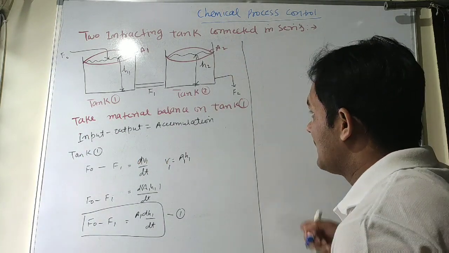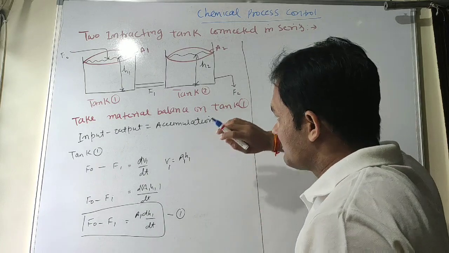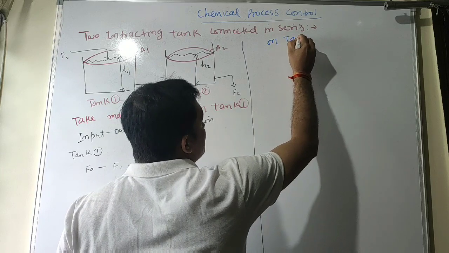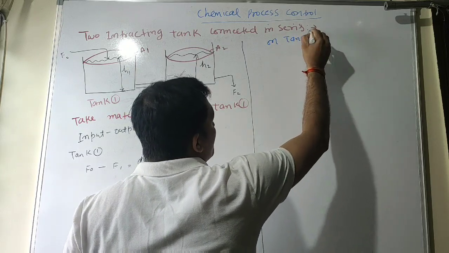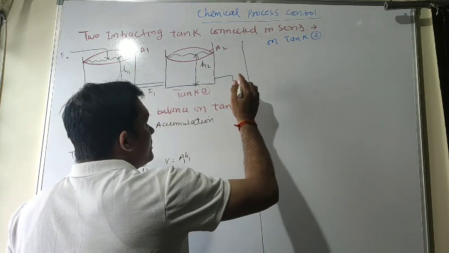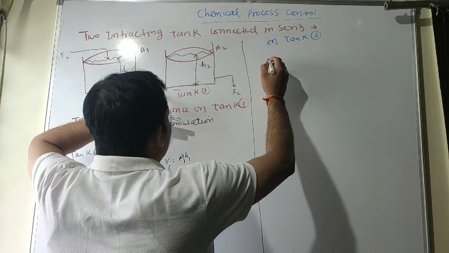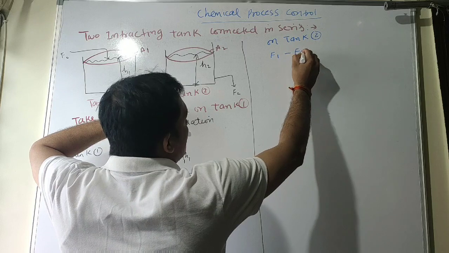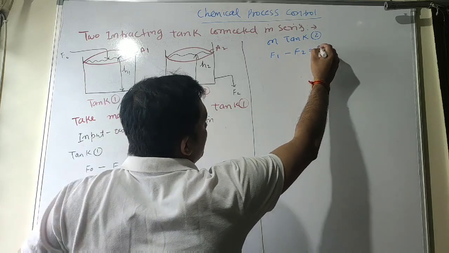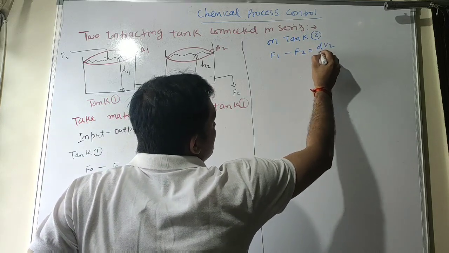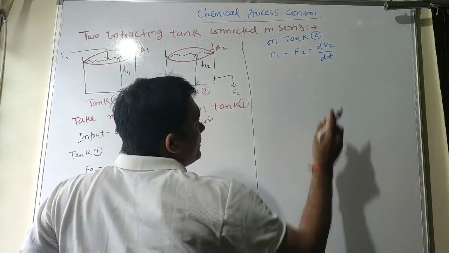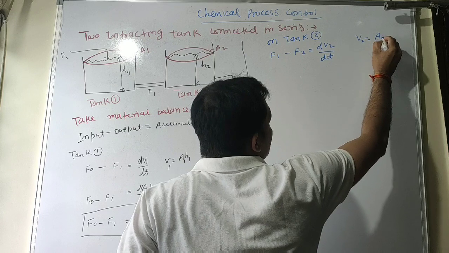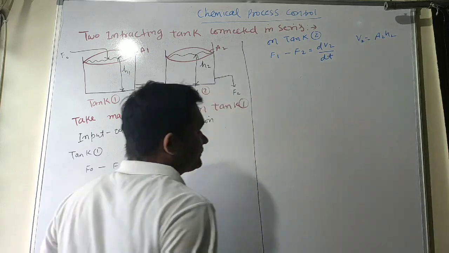Similarly, we have to apply mass balance on tank 2 to get the model equation. The input for tank 2 is F1 and the output for tank 2 is F2, and the accumulation will be dV2 upon dt, where V2 equals A2 into H2.